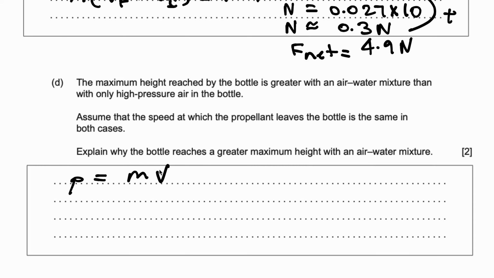Momentum is mass times velocity. We know that the velocity is constant because that's what they say. It's the same for both cases. So the only thing that's changing between both these scenarios is the mass. The mass of an air-water mixture is of course greater than the mass of an only-air mixture.